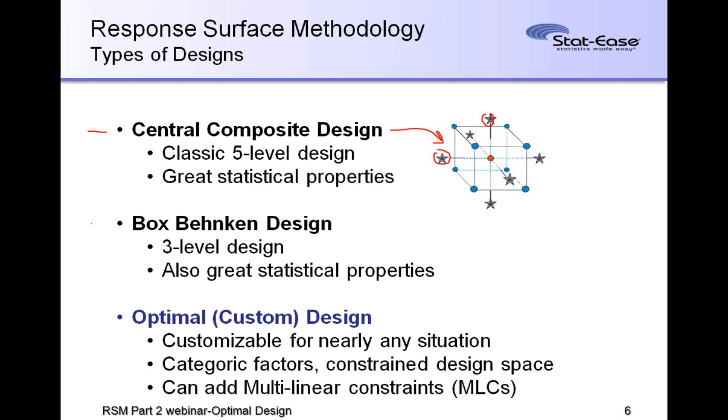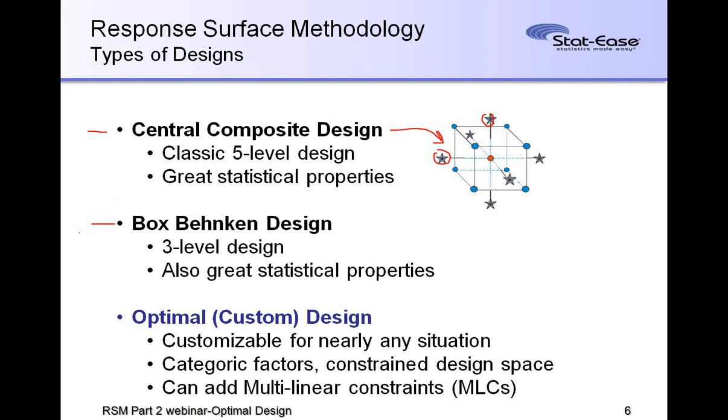The next choice is also for a quadratic model. It's a Box-Behnken design. Now that is actually only a 3-level design, which is kind of nice because you might not want to run all 5 levels. It's a little simpler for your experimentation. The other big difference is very similar in properties, statistical properties, to that central composite design.